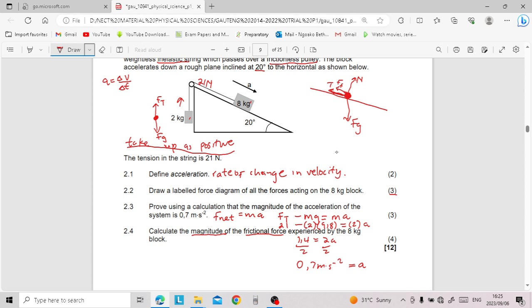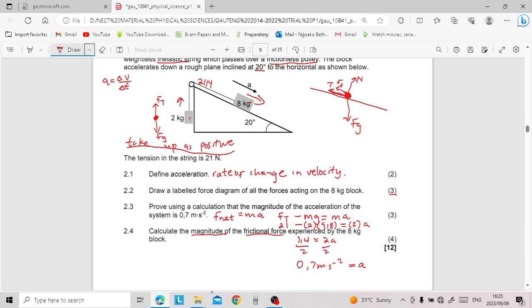So arrange all the forces acting: forces vertical, perpendicular to the surface, or parallel to the surface. In this case, because the object moves parallel to the surface, the forces are acting parallel to the surface.